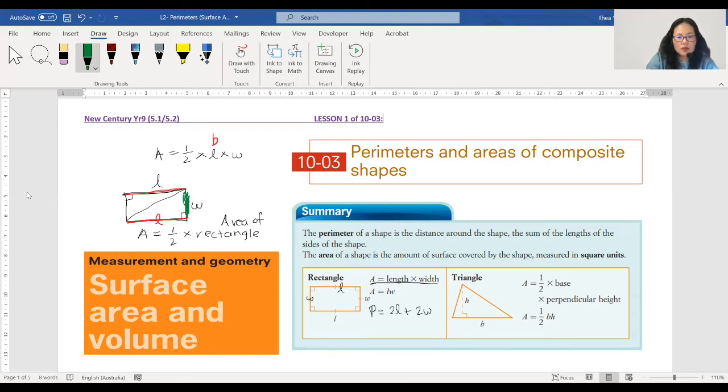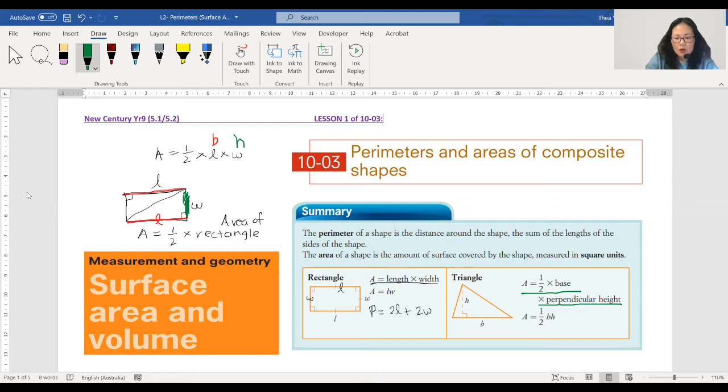Yes, so I'm going to call it H for height. So that is what happened here. If you move to here, that's the area of a triangle. So in short, area equals half times base times height, and we can write it as half times B times H to make it short.